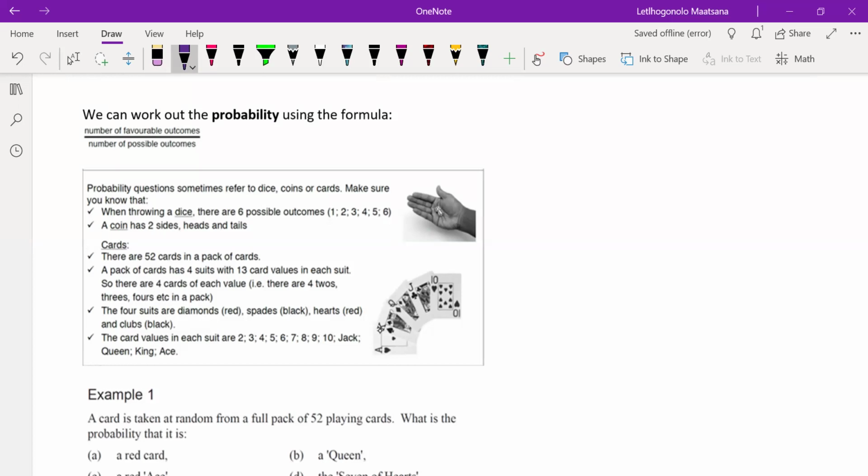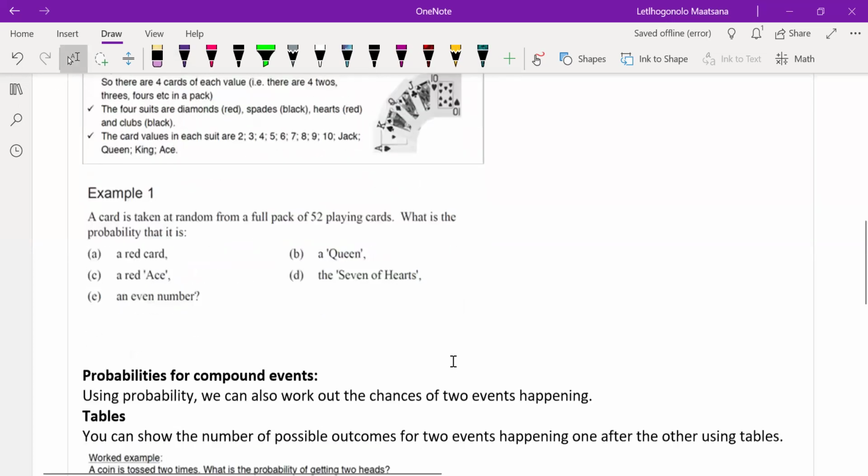The 4 suits are diamonds, spades, hearts, and clubs. The card values in each suit start at 2, 3, all the way to Jack, Queen, King, and Ace of all suits.